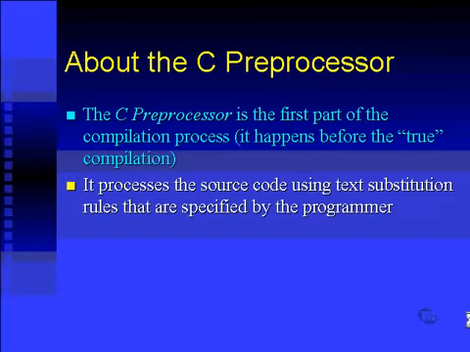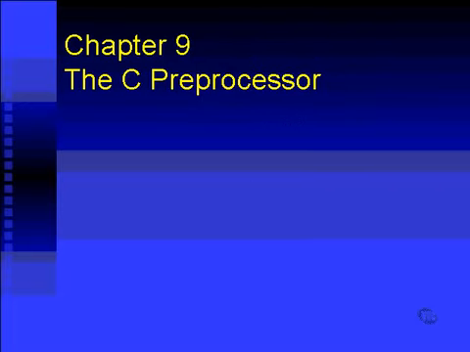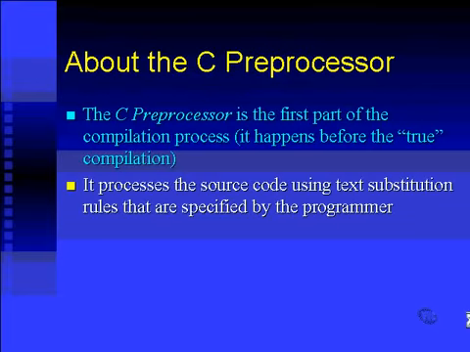Now, I don't know why you might want to do that particular substitution, but that's what I mean by text substitution. And once that text substitution has been done, the compiler kicks in and compiles the file, and thus it would be compiling the word dog rather than the word cat. The word cat wouldn't be there anymore, but the word dog would. Again, that's a bit mysterious as to why you might want to use such a thing, but I will be getting to that. The substitution of one word for another is not the only type of substitution that the C preprocessor can perform.